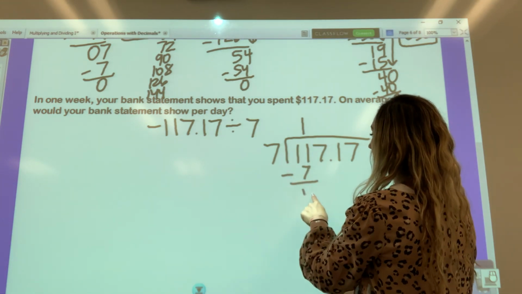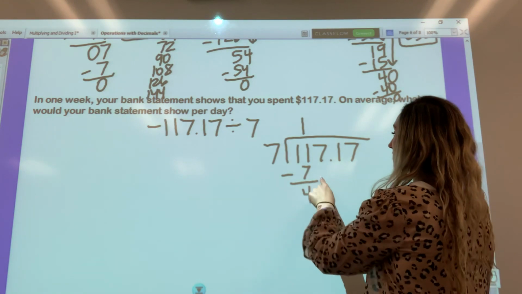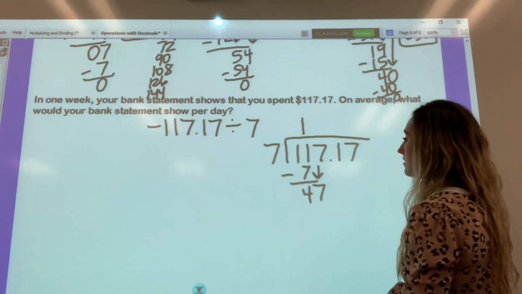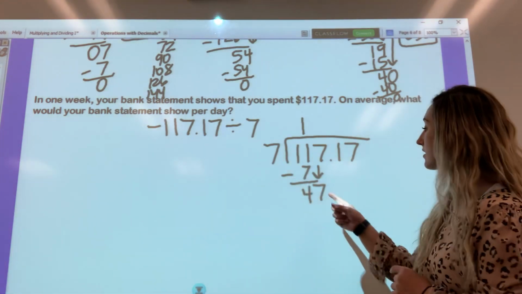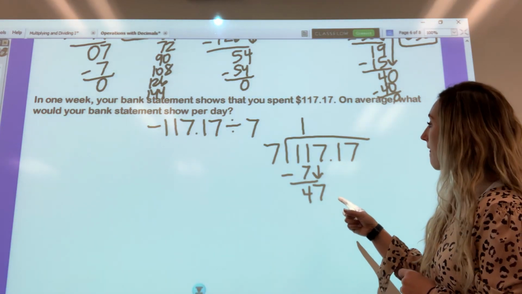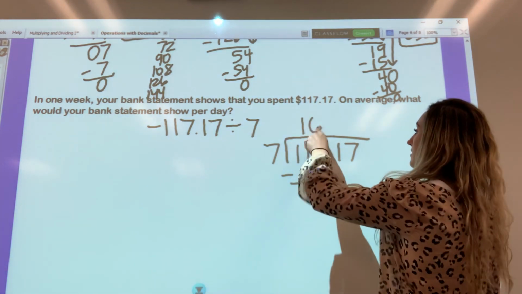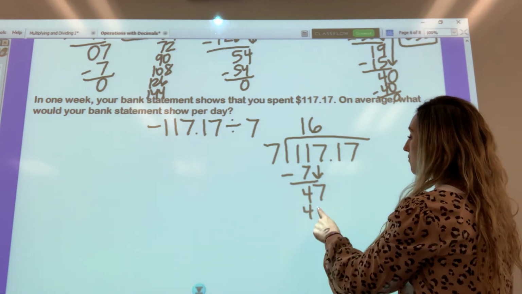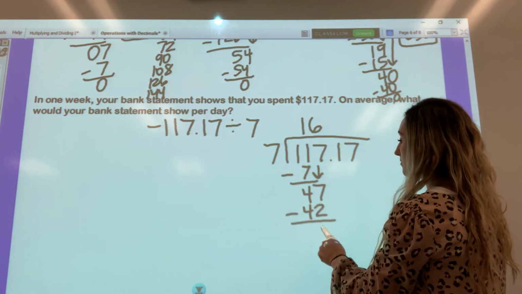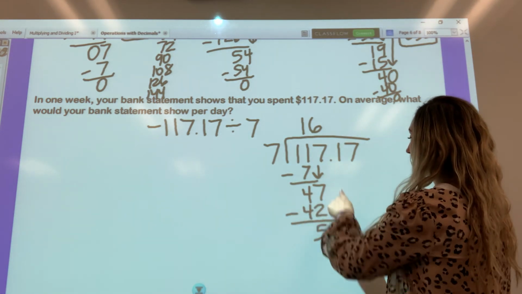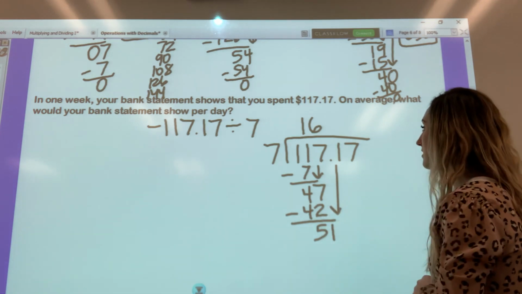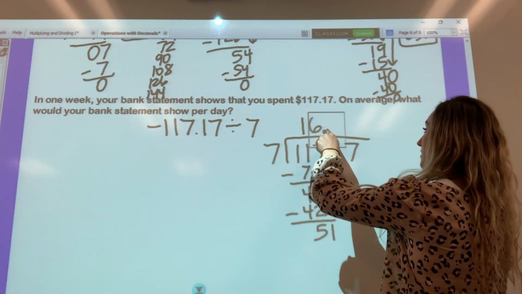You get 7. Subtract and get 4, bring down this 7. 7 goes into 47 6 times. 6 times 7 is 42. Subtract and get 5, bring down a 1. I'm going to carry this decimal point up here so I don't forget.